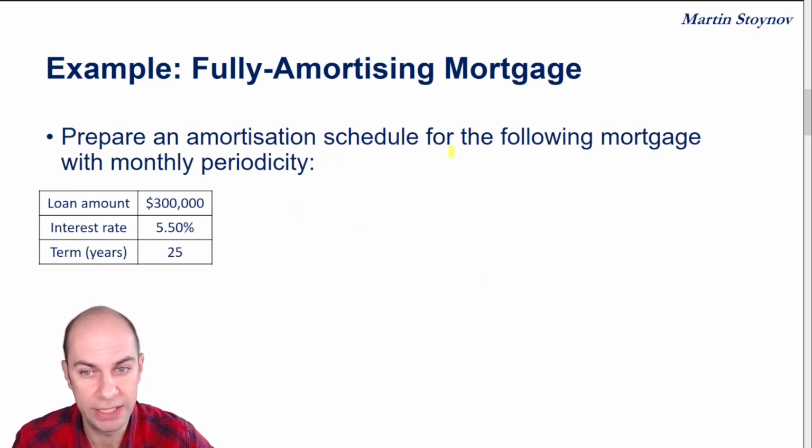Okay, prepare an amortization schedule for the following mortgage with monthly periodicity, meaning that the mortgage pays monthly payments. The loan amount is $300,000. The interest rate, and this is the annual interest rate, of course, is 5.5%. And the term measured in years is 25 years. Of course, that will be 300 months. So let's jump in Excel and first calculate the payment and then also the amortization schedule.